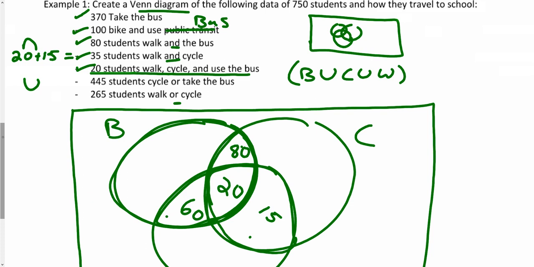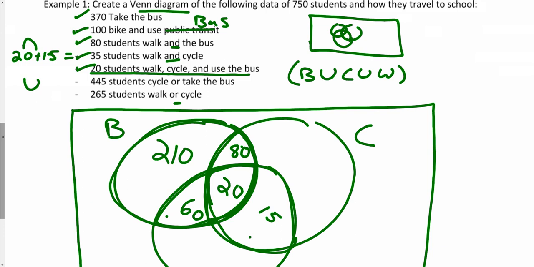I would take a calculator now and go 370 minus 80 minus 20 minus 60. So 370 minus 160 should give you 210.